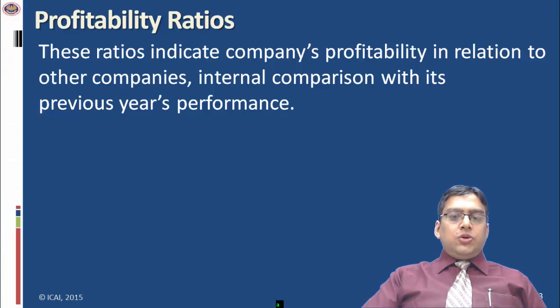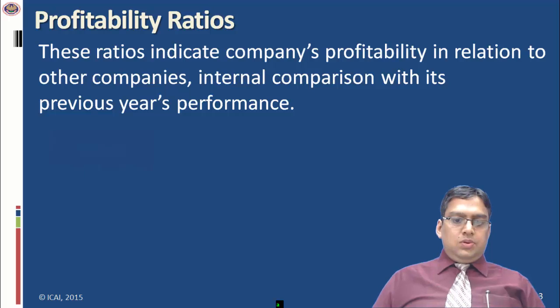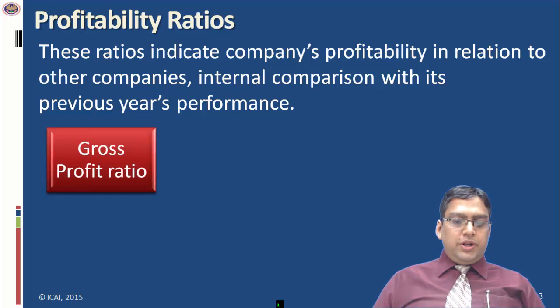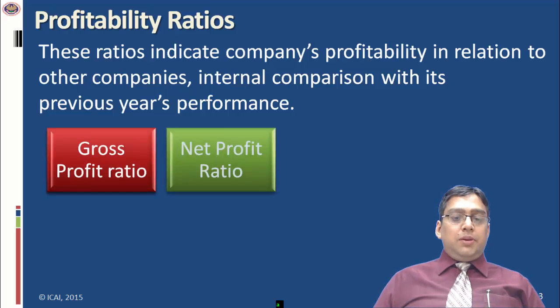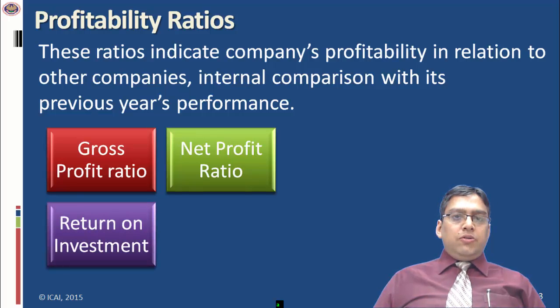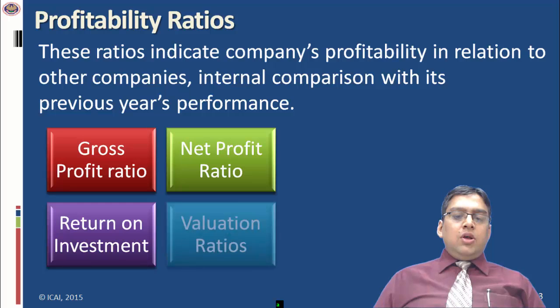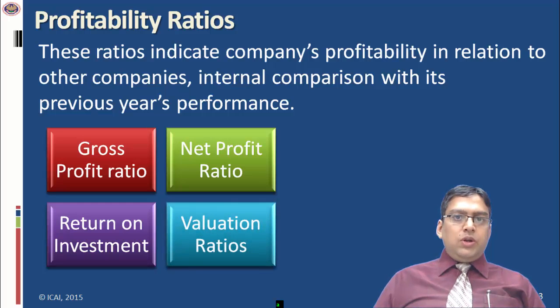Profitability ratio. This ratio indicates company profitability in relation to other companies, and internal comparisons with its previous year performance. First one is gross profit ratio, second one is net profit ratio, third one is return on investment, and last one is valuation ratio.